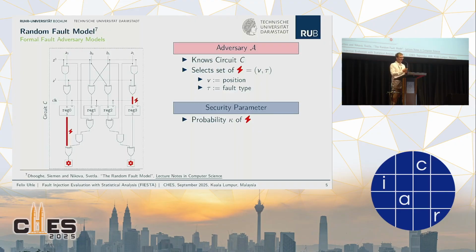So it's not entirely true that one fault is easier to inject than multiple faults, which is somehow the assumption in the F-threshold fault model. The random fault model was proposed to overcome this limitation. The idea is that the adversary is not bounded by the number of faults he can inject, but by the probability with which the targeted faults occur.